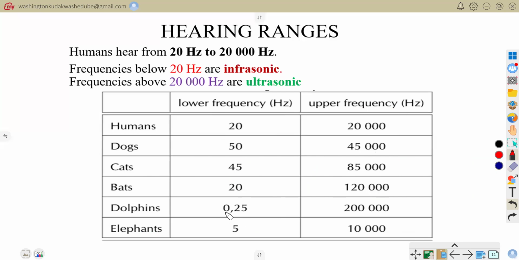Dolphins are the most sensitive. They can hear sounds as low as 0.25 hertz, and can also withstand sounds from a source releasing a frequency of 200,000. And for elephants, we've got 5 and 10,000.